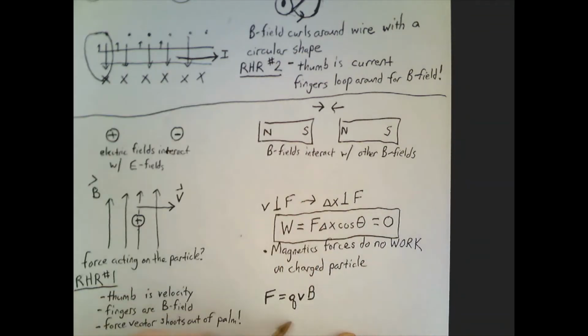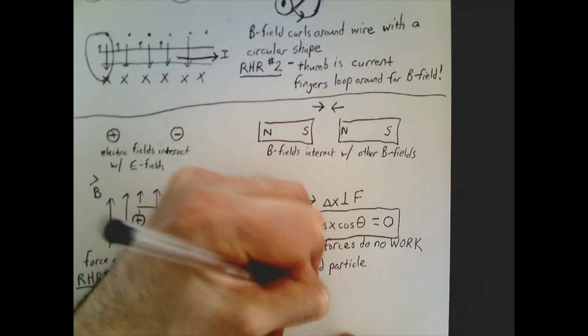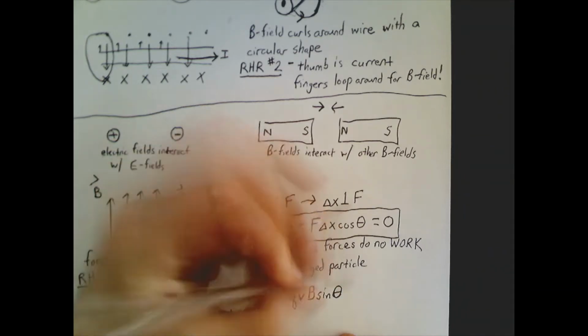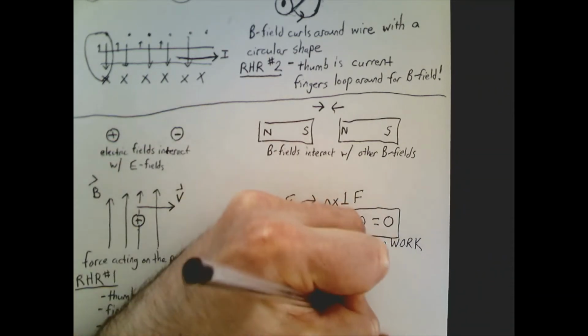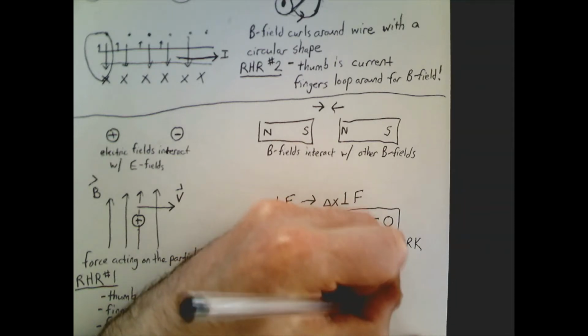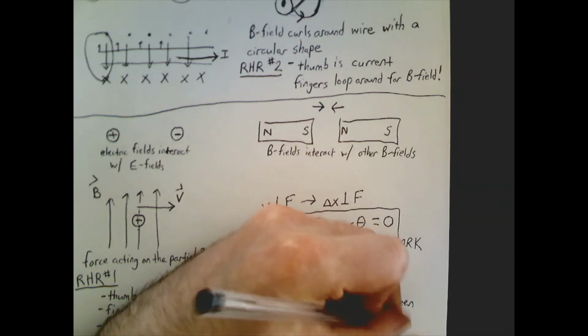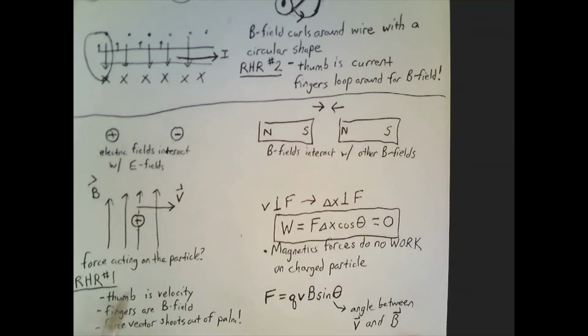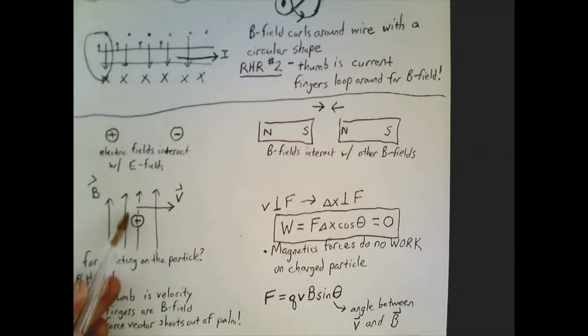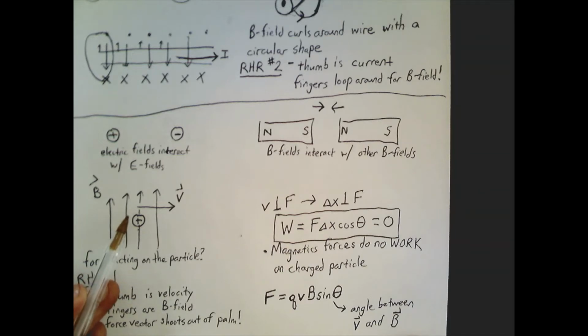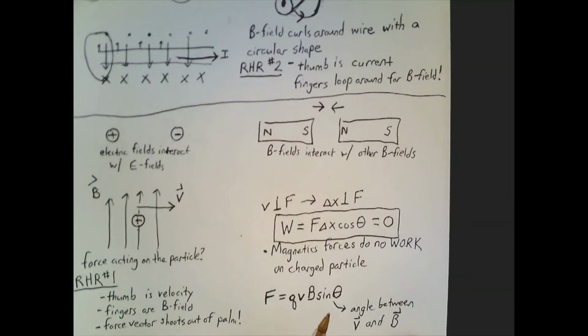QVB. If we want to be pedantic here, we'll add the sine theta, which is specifically the angle between the velocity vector and the magnetic field vector. If these two things are exactly perpendicular, then that's going to be the maximum amount of force because sine of 90 is 1, and that takes the maximum value.